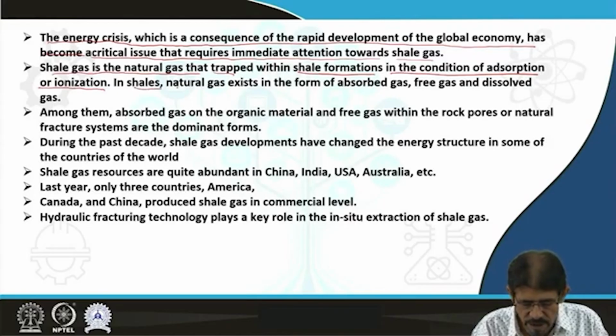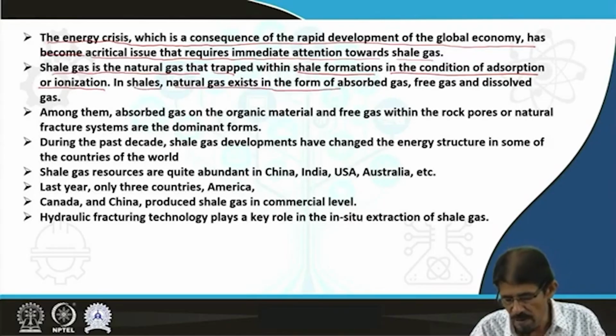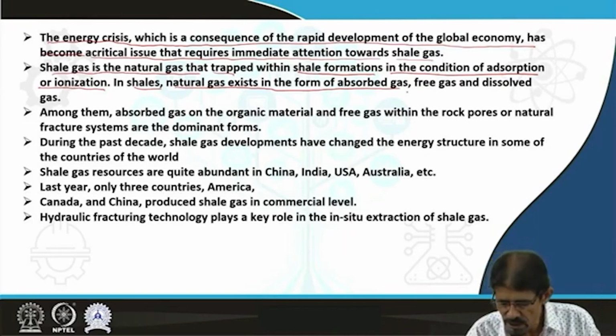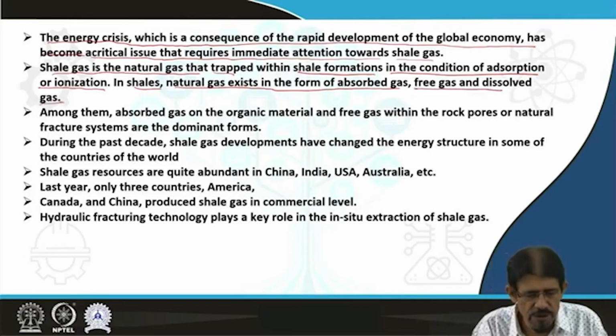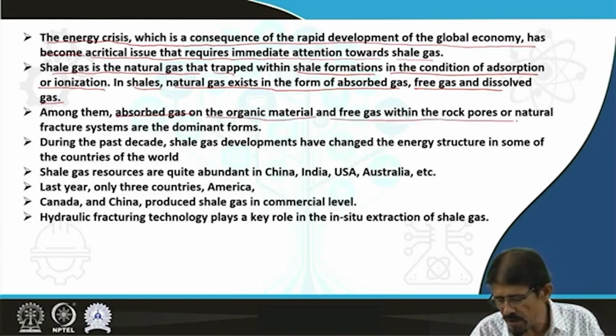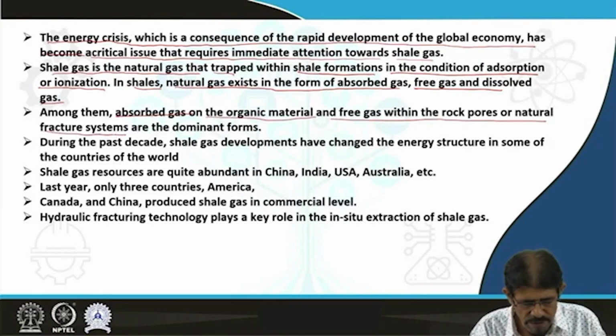In shale, natural gas exists in the form of adsorbed gas, 90%, 95% or 98%, as CBM is also adsorbed on the coal surface. Similarly there is free gas and dissolved gas, in a similar way as CBM. Among them, the adsorbed gas on the organic material and free gas within the rock pores or natural fracture system are the dominant forms.